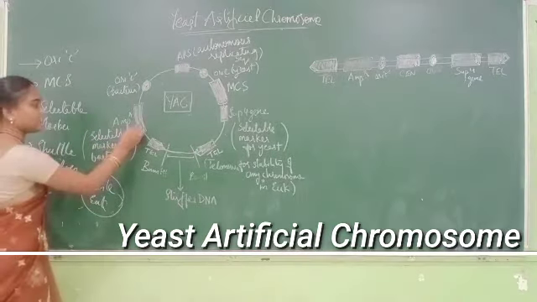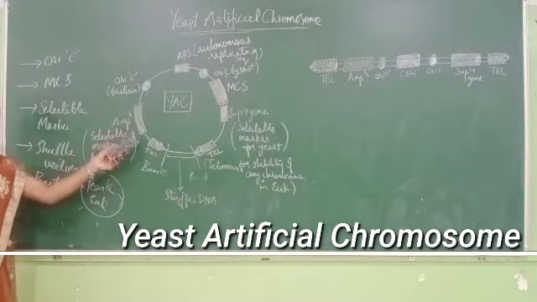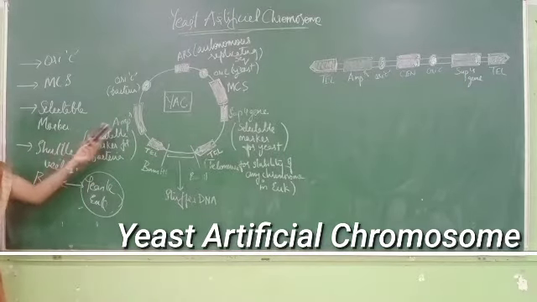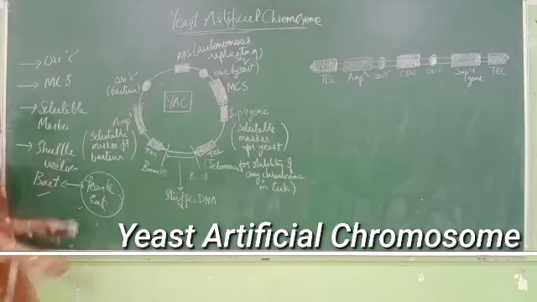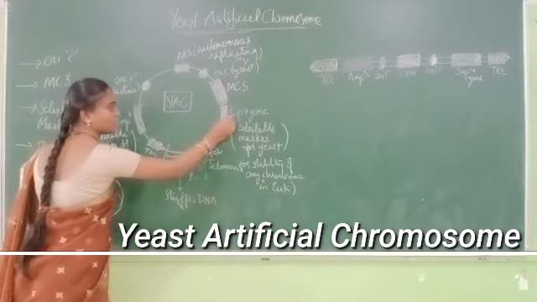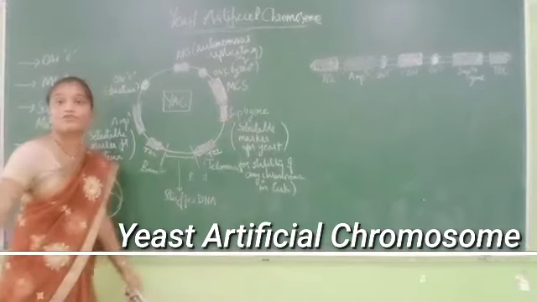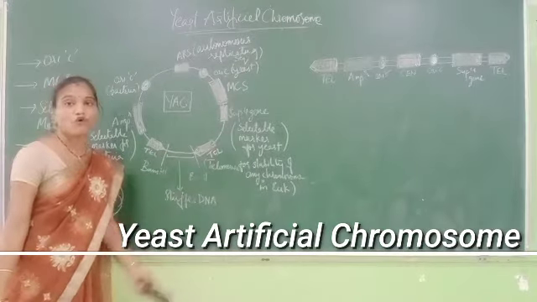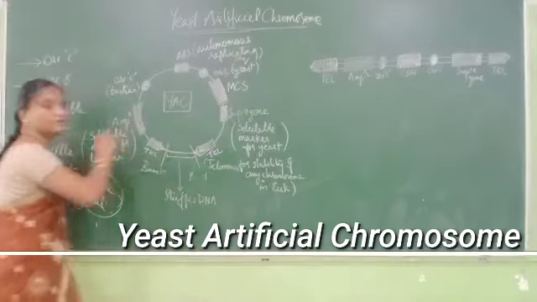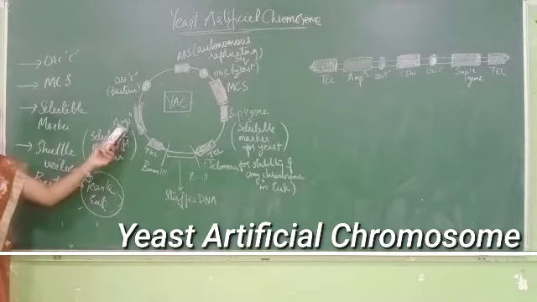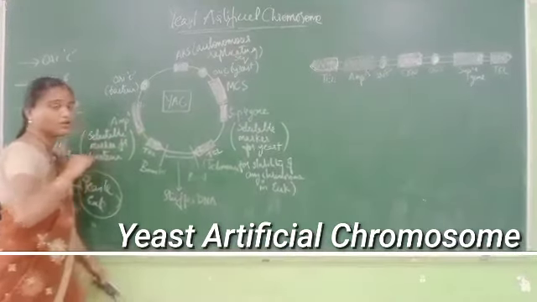Next, the selectable marker, that is ampicillin resistance of bacteria. This is the selectable marker of bacteria, isn't it? Now the selectable marker of yeast is the SUP4 gene, suppressor 4 gene. So these are selectable marker genes in bacteria as well as yeast.